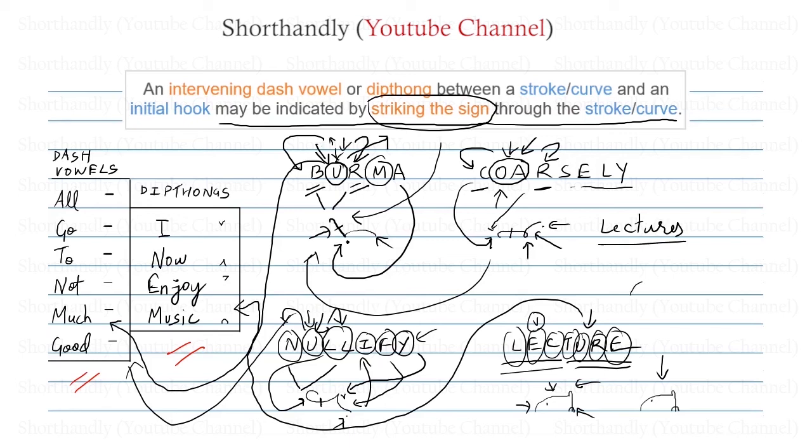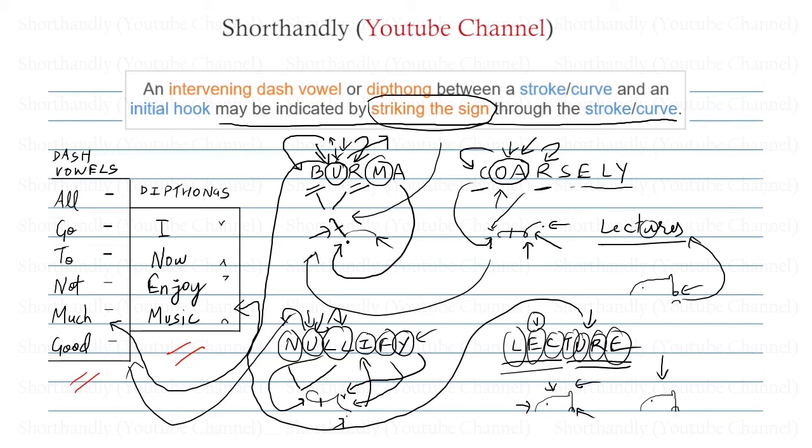Okay, so lectures will be written like this. So now we also have this small circle to represent our S, and we also have to represent this diphthong. So now we can represent the diphthong like this, right? Because we didn't have much space to put the diphthong, that's why we put it in the end.